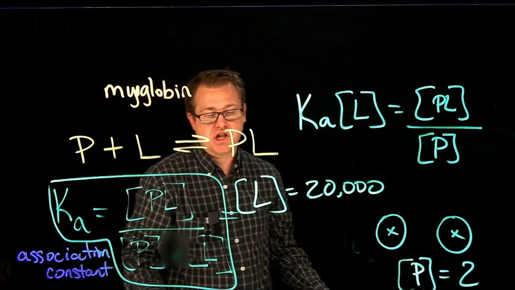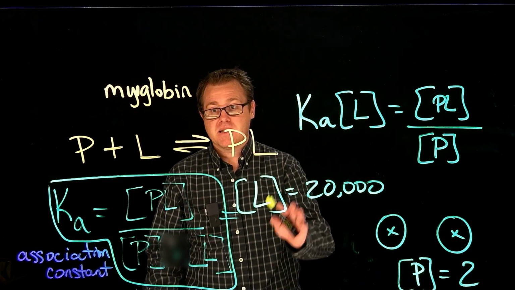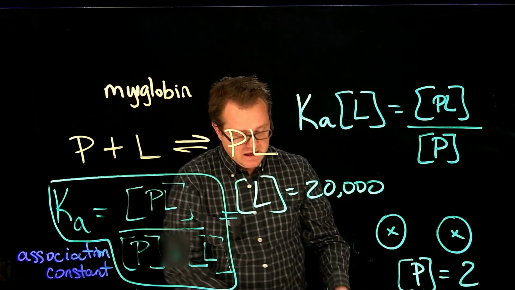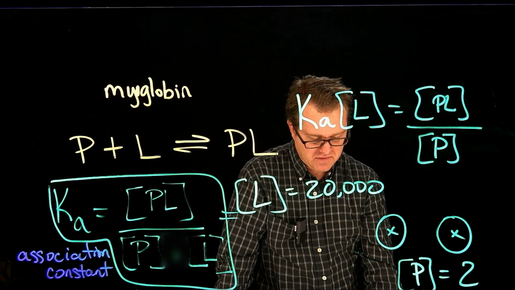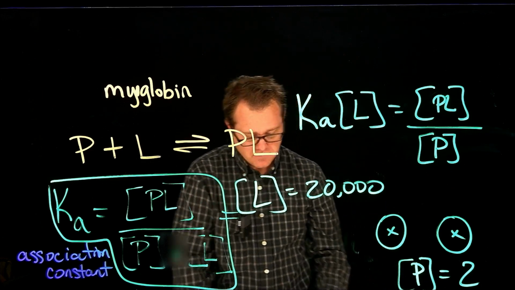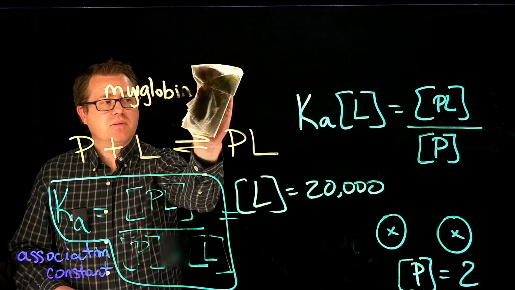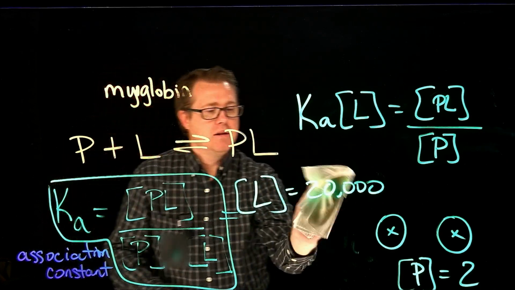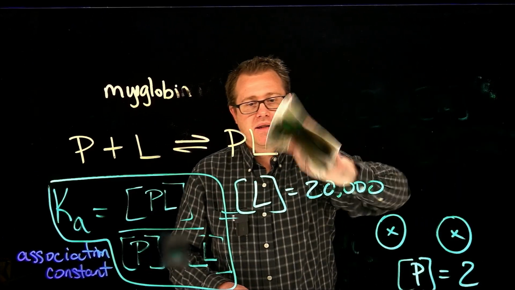Right? It doesn't change. So we have to look at this binding here in terms of a fraction. Okay? There's a better way of looking at it, and the better way is when we look at it in this way.